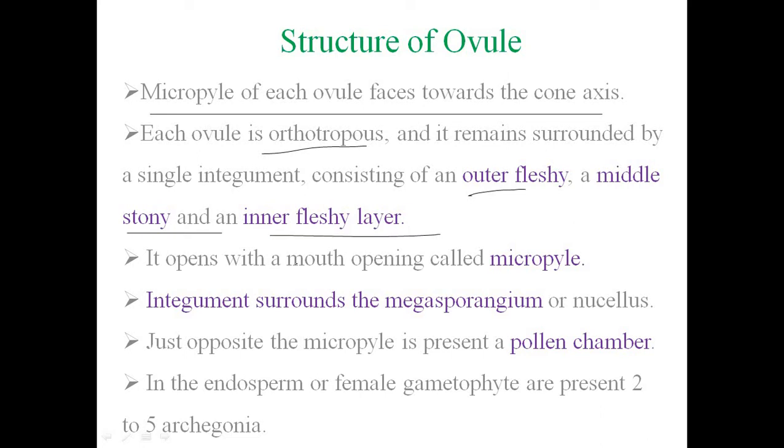It also shows the opening called the micropylar end, through which the entry of pollen grains is carried out, and the integument surrounds the megasporangium or nucellus. Just opposite to the micropylar end is a pollen chamber, and in the endosperm or female gametophyte, 2 to 5 archegonia are present.